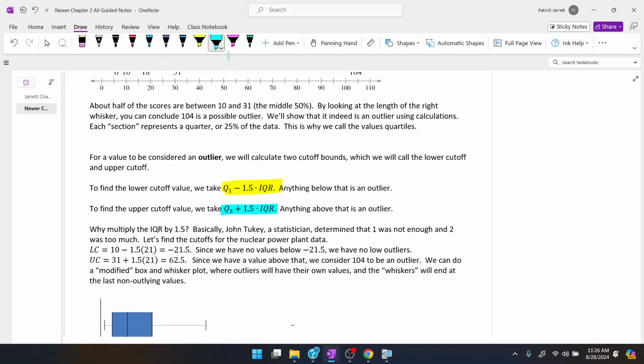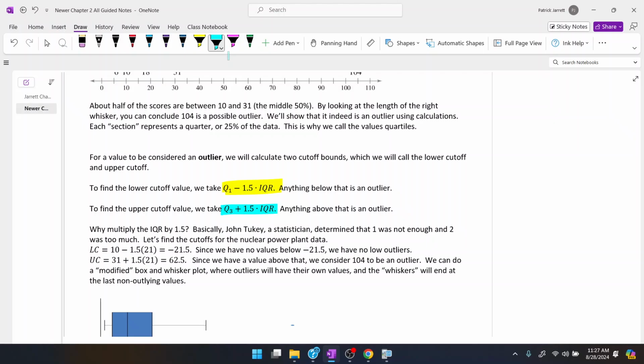So, why would we multiply the IQR by 1.5? Basically, John Tukey, that's Tukey, not Turkey, determined 1 was not enough, 2 is too much, 1.5 is just right. So, LC and UC are just my abbreviations for lower cutoff and upper cutoff.